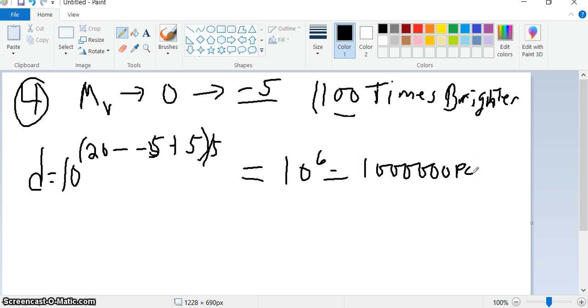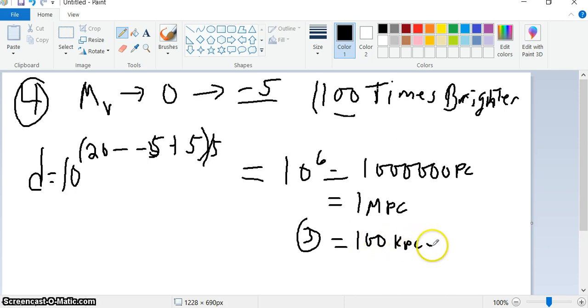Or another way of saying that is 1 megaparsec. And just to compare this to number 3, in number 3, we found the distance was 100 kiloparsecs, right?